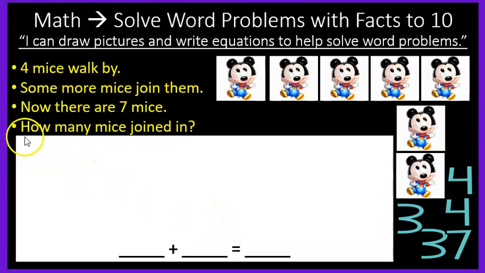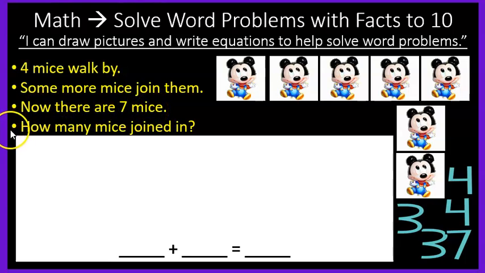Now, let's read our word problem together, okay? Read it with me. 4 mice walk by. Let's read the next line. Some more mice join them. Let's read the next line. Now there are 7 mice.